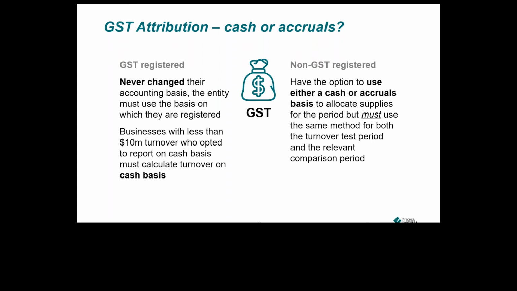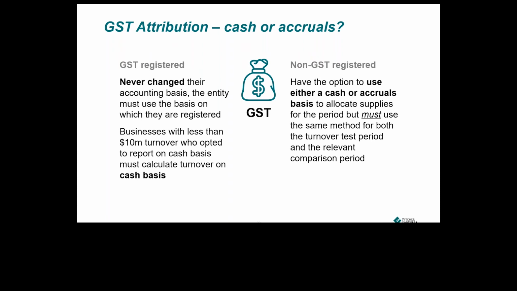Alternatively, if you're an entity that's not registered for GST, which it is still possible for non-GST registered entities to qualify for JobKeeper payments, those are the only entities that effectively have a choice to use either a cash or accruals basis to allocate their supplies to the relevant periods, the relevant quarters, but they must use the same method for both the turnover test period in 2020 and the relevant comparison period in 2019.